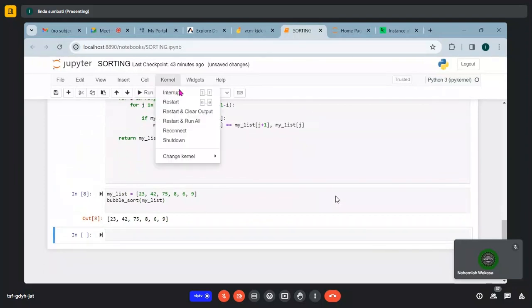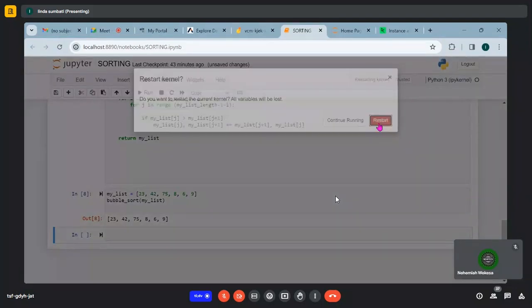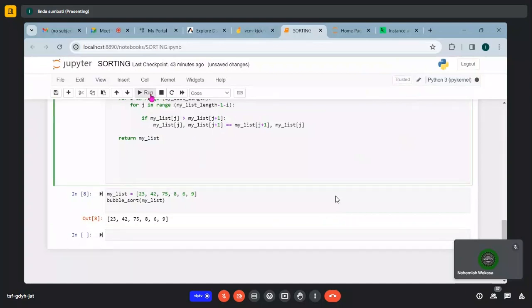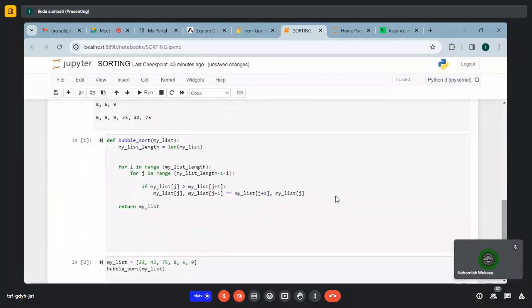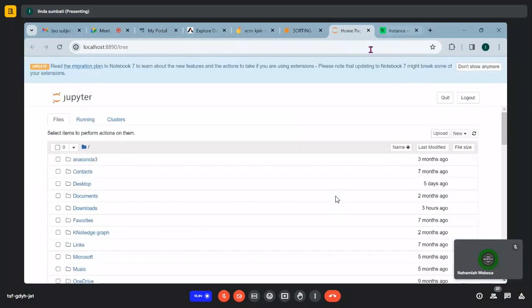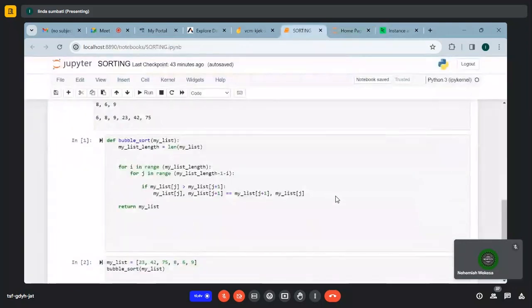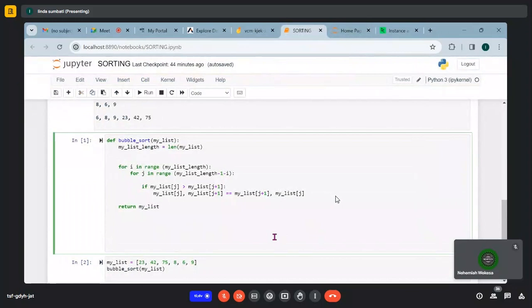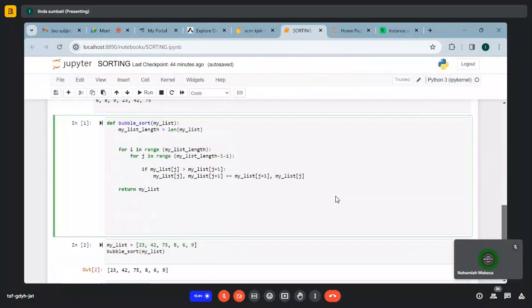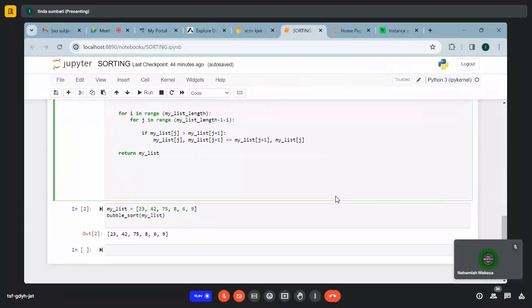But there's a problem with my kernel again. Okay, it hasn't sorted. So we need to figure out, is the return my list at the right place? Linda, why don't you return that one, because you just restarted your kernel? Yes. Return the one, and no, we're going back.